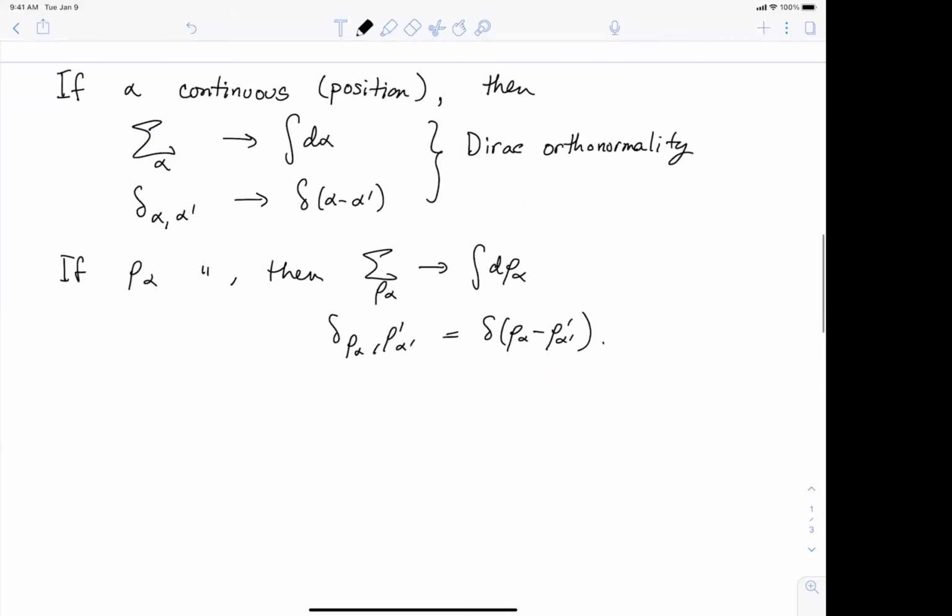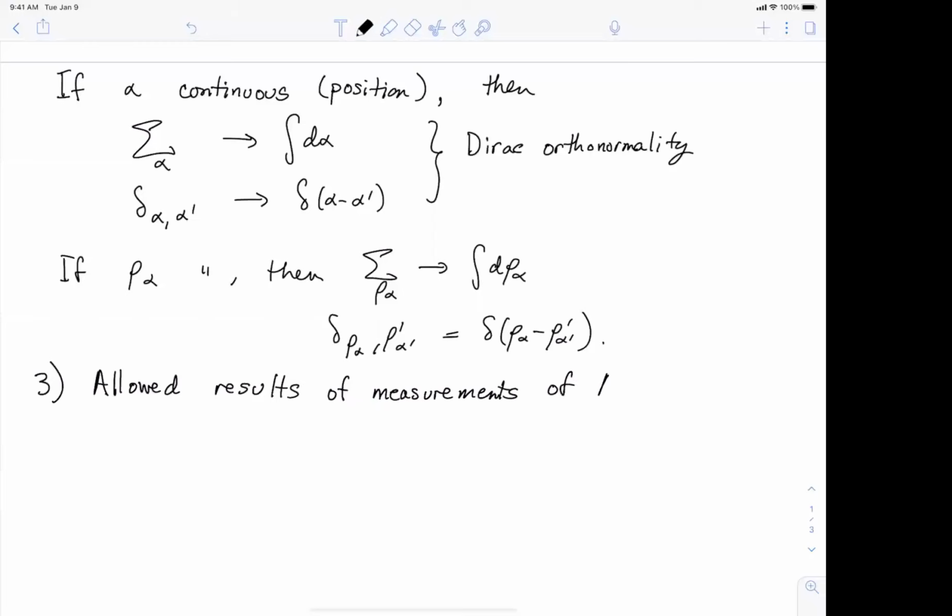Okay, so postulate 3 says what the allowed results of a measurement are. So if I ask you to find the probabilities for different measurements, one thing to do is make sure you know what all the allowed possibilities are.